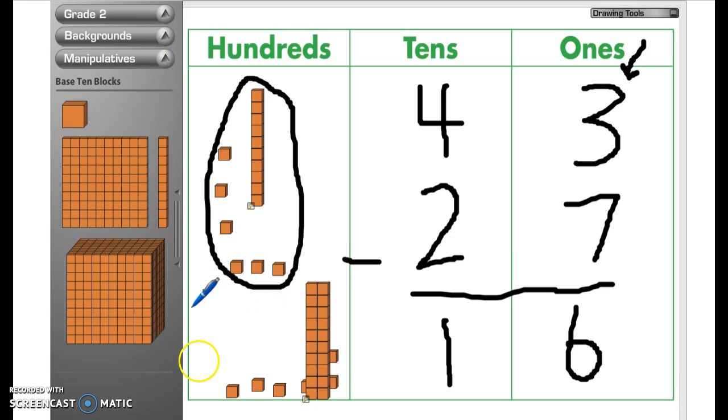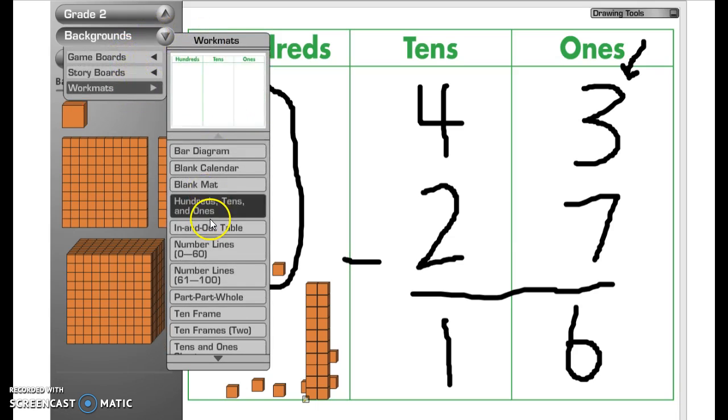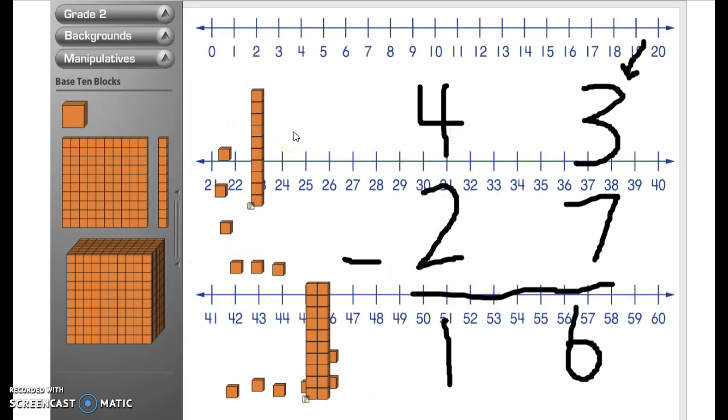There's another way that we can look at this. Let's look at this on a number line. Let's see if I can get some of this erased. Take just a second.